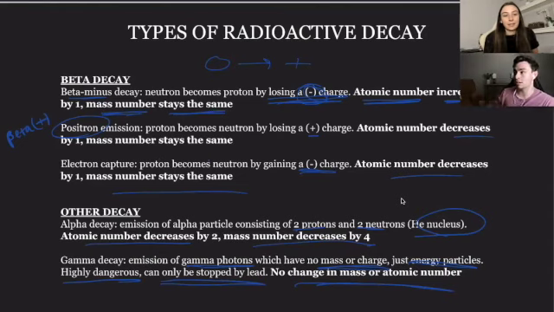But I've had a lot of students that say, well, I don't know how in depth I need to learn this stuff. And positron emission is a really, really good example to help you understand how deep you need to go for this. So you need to know everything that Maggie just told you.